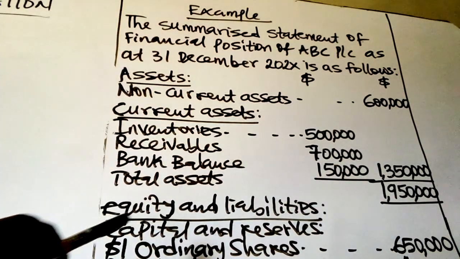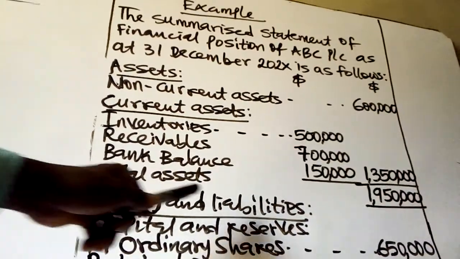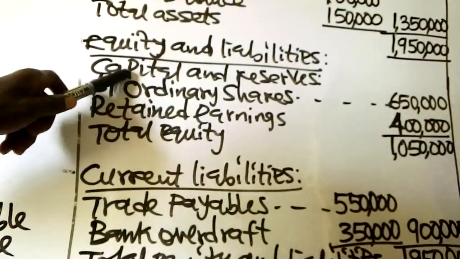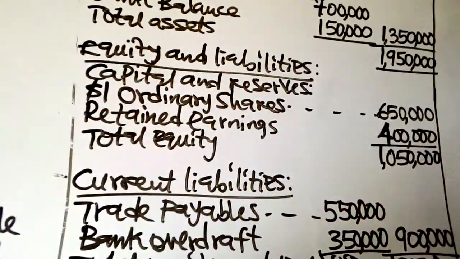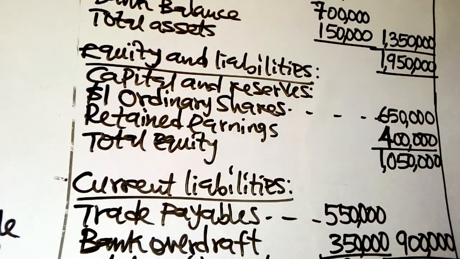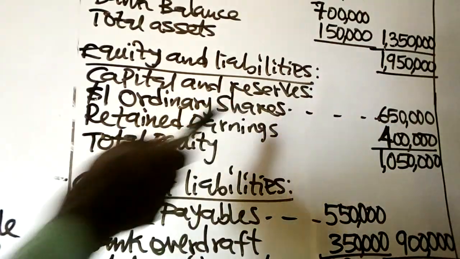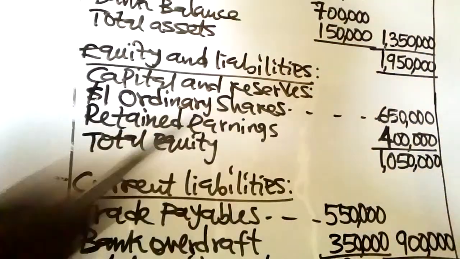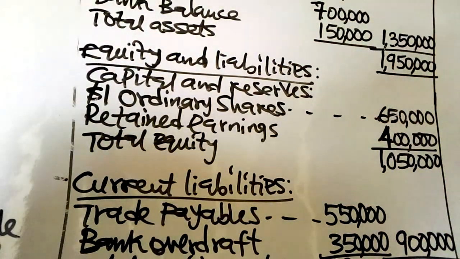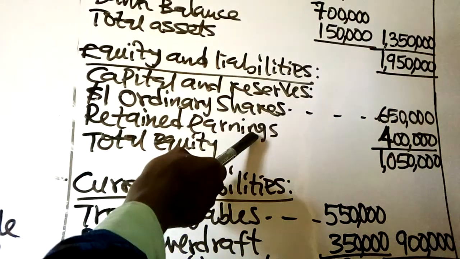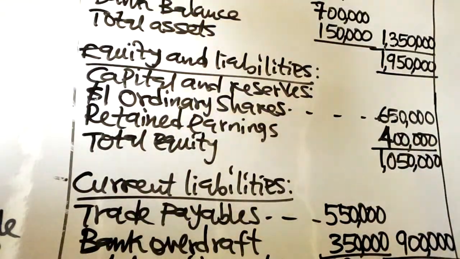Then we have equity and liabilities. We have capital and reserves. $1 ordinary shares 650,000. Retained earnings 400,000.